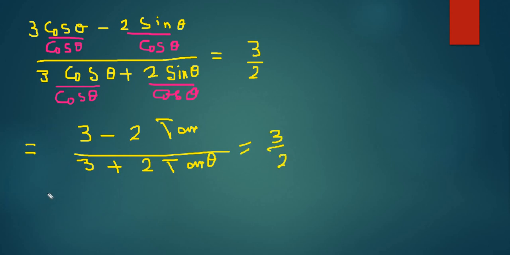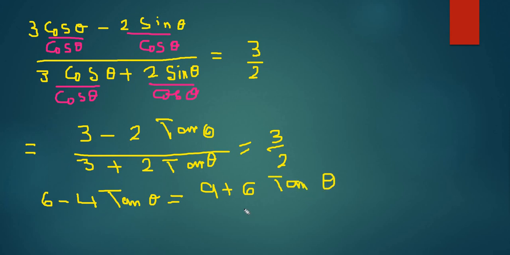Cross multiplication, we get 6 minus 4 tan theta equals 9 plus 6 tan theta. Move 6 tan theta and 4 tan theta across, change the sign, don't forget to change the sign.